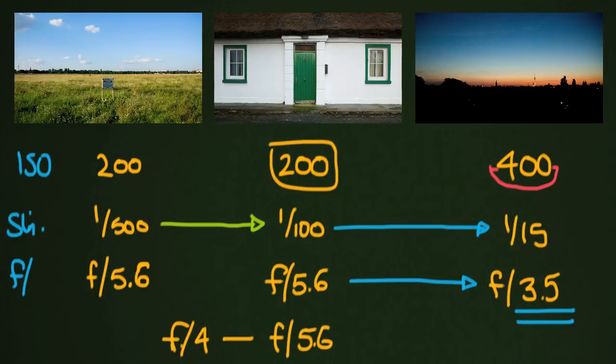Really important to remember. So that's one stop. You also have, for example, a 125th of a second and a 250th of a second, and that is also one stop of light. So shutter speeds can be one stop of light, and f-stops can be one stop of light away from each other.